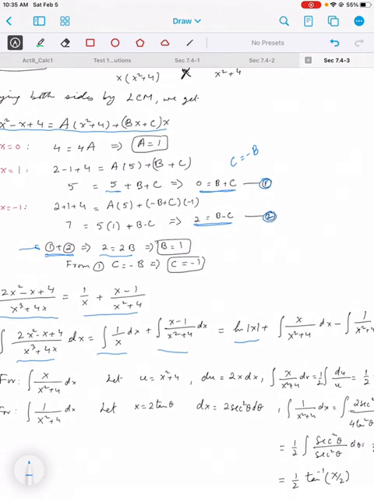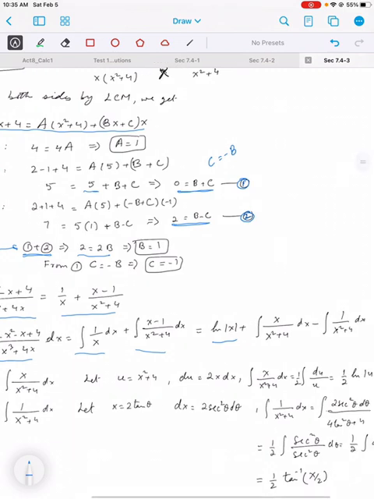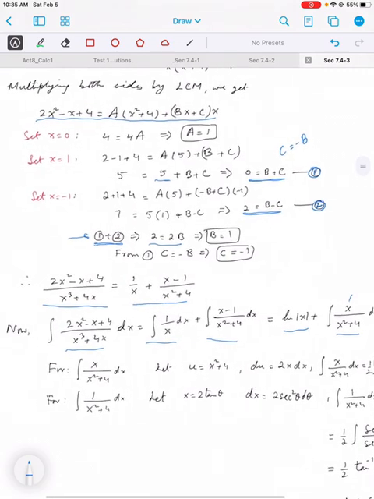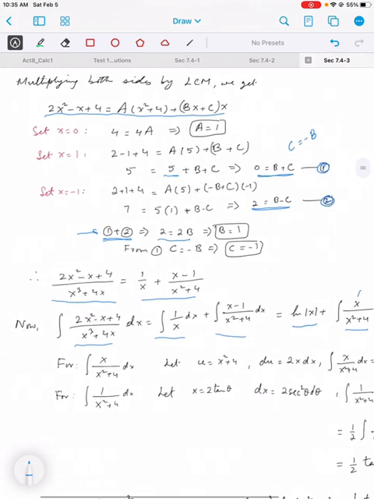So we notice that if we have just x over x squared plus 4, we can use substitution and do it. And so we split it and we write it as x over x squared plus 4 minus 1 over x squared plus 4.